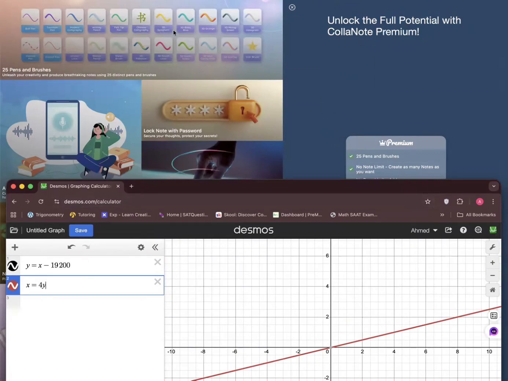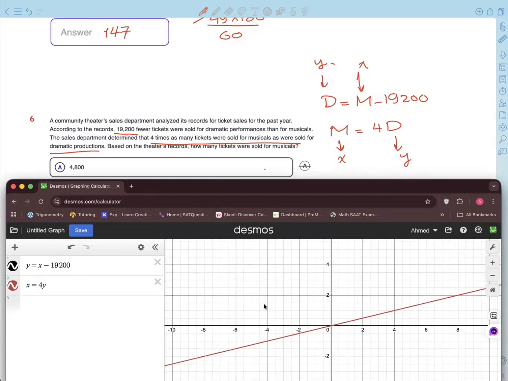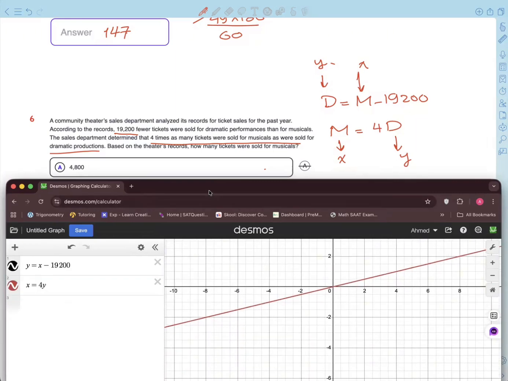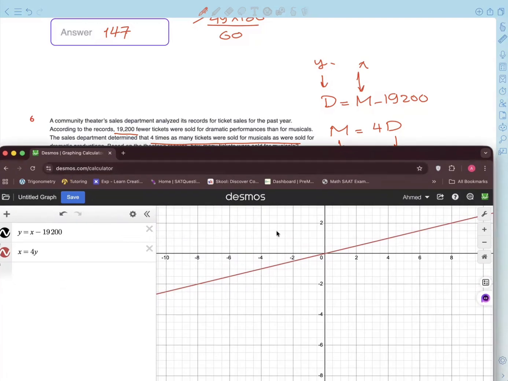Then we will check the points of intersection between both. So we can zoom out. Like this.